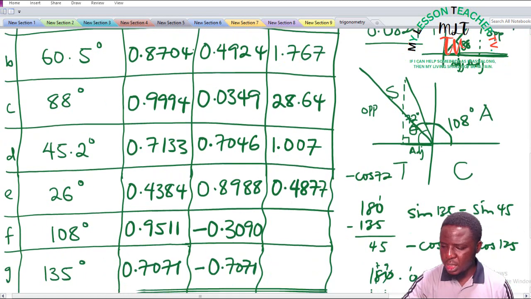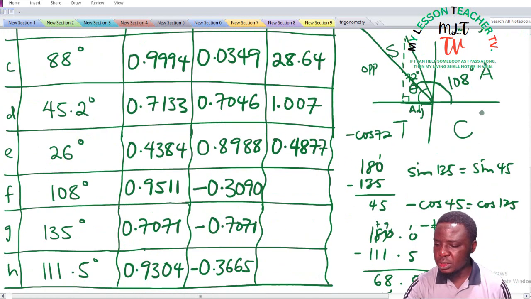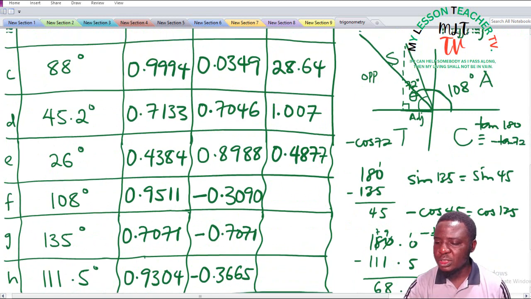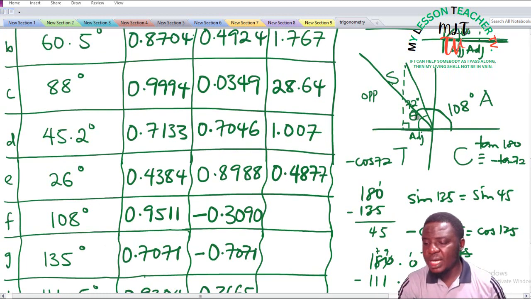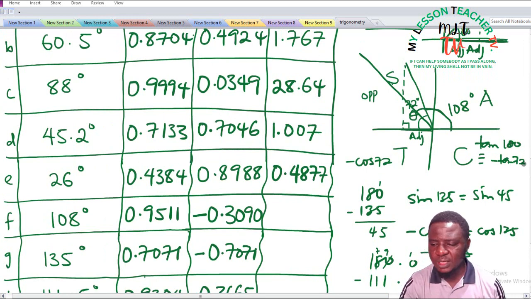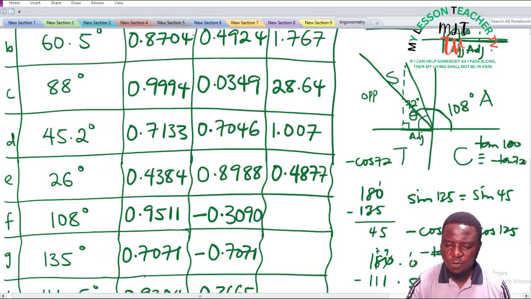And tan 108 is also equivalent to minus tan 72, because in the second quadrant only sine is positive. So I shall get the value of tan 72 and negate it.